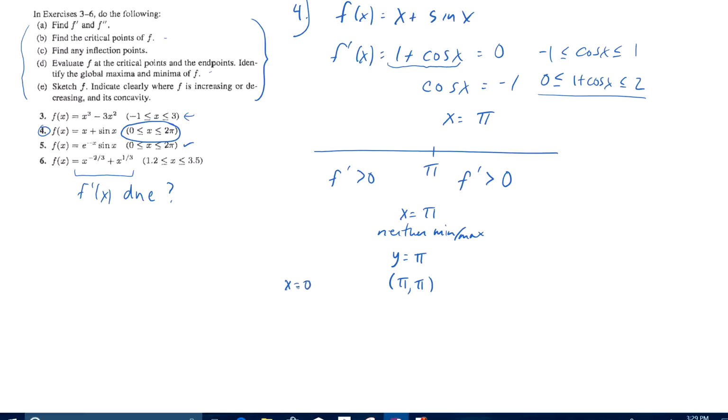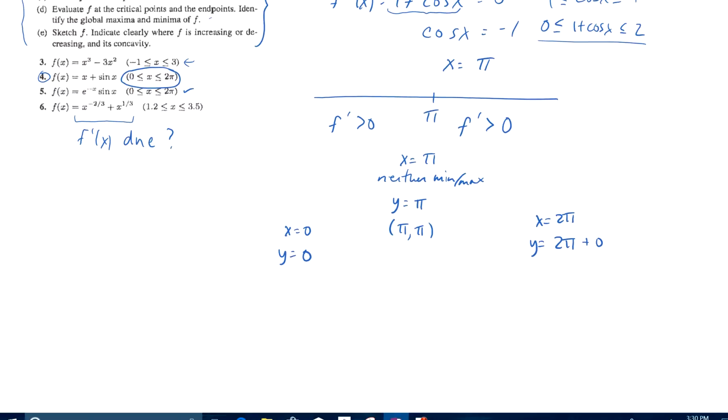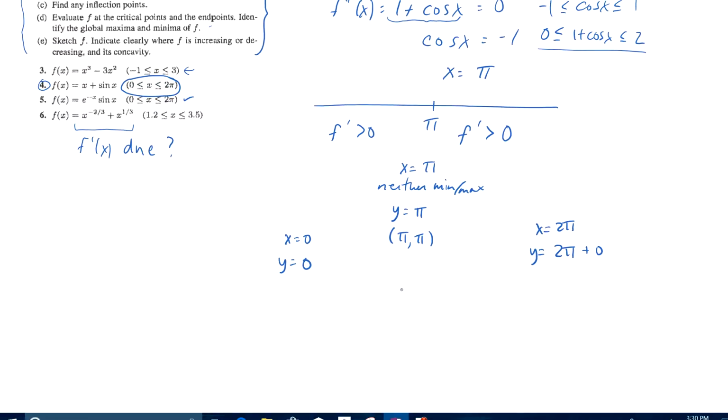So let's check the endpoints. When x is 0, y is 0 plus the sine of 0. Sine of 0 is 0. When x is 2 pi, y is 2 pi plus 0. Okay, so we're at a point now where we can do a little bit of a sketch.